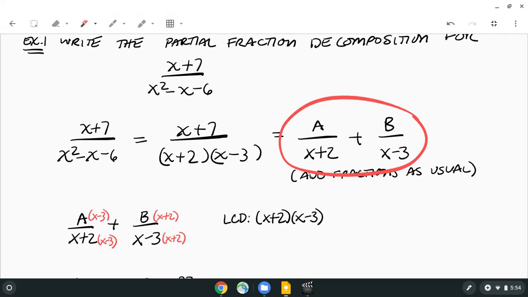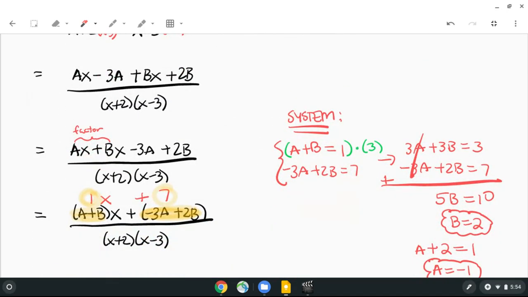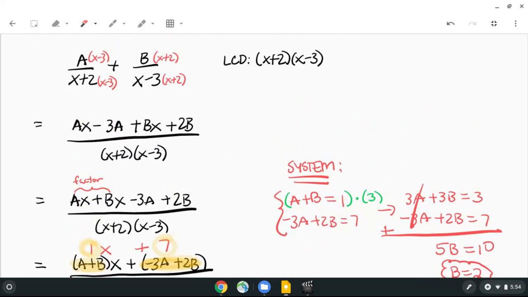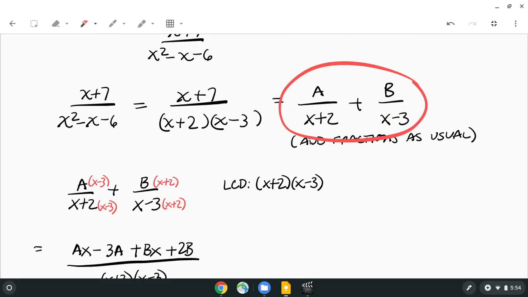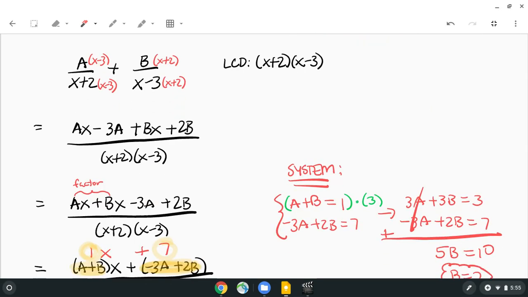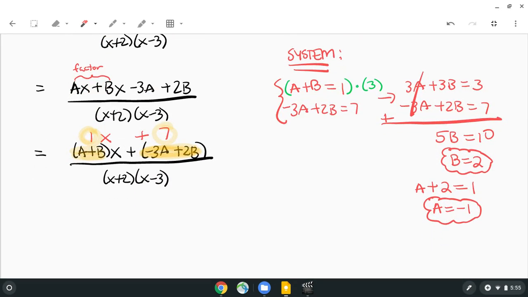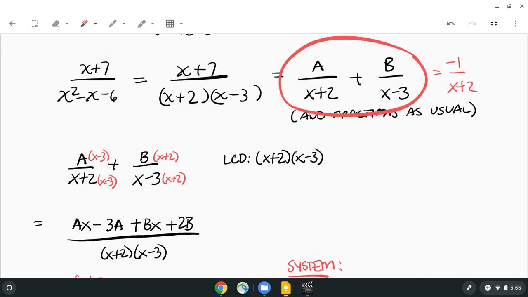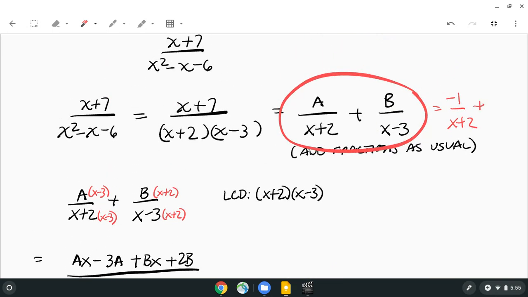We said that a is negative 1, so my first fraction is going to be negative 1 over x plus 2. And we said b equals 2, so my second fraction is going to be 2 over x minus 3.